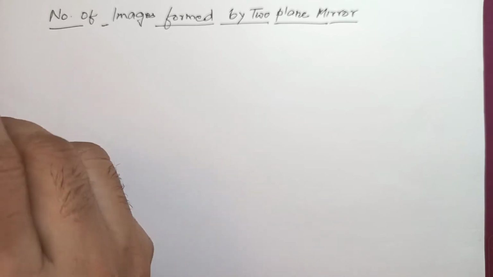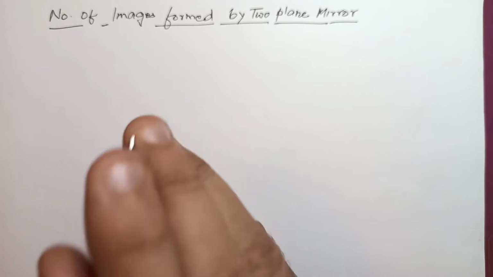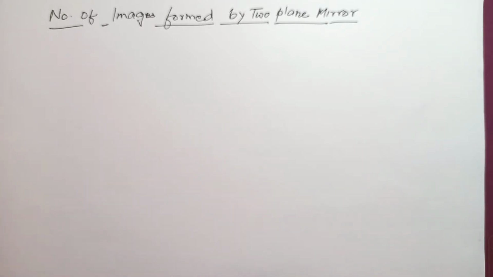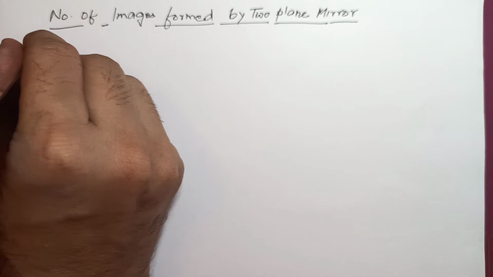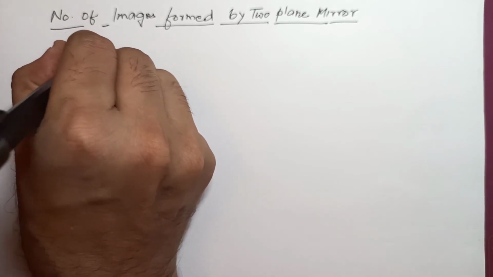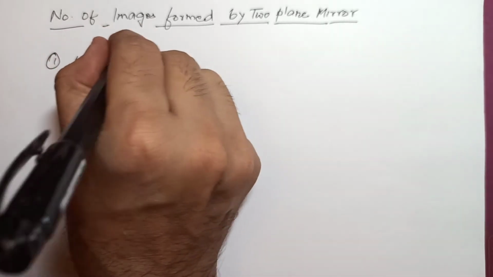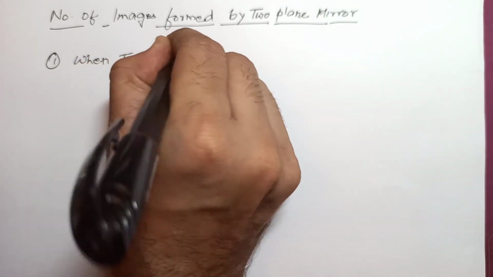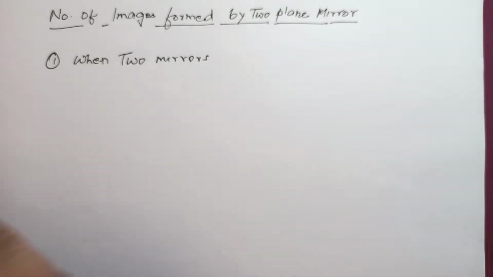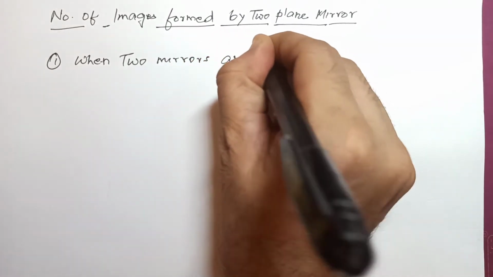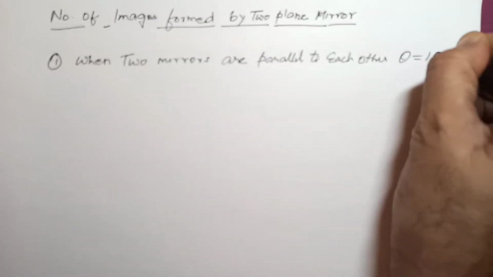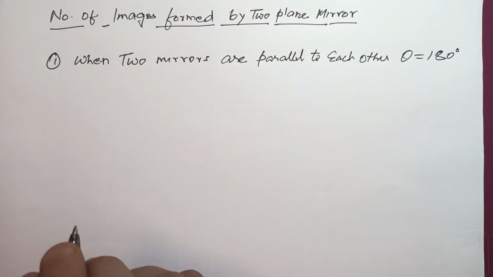Let's take the first case: when two mirrors are parallel to each other and theta is equal to 180 degrees between them.